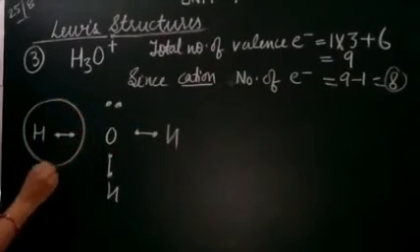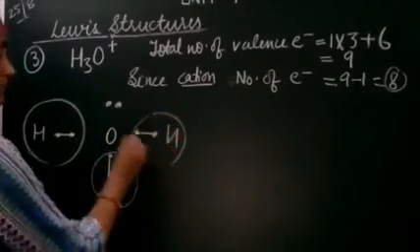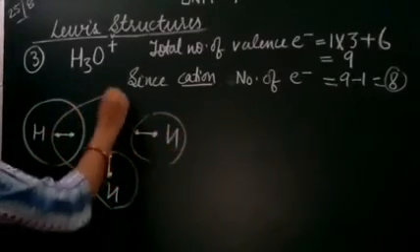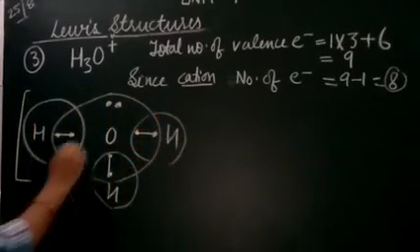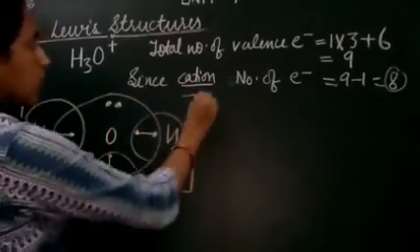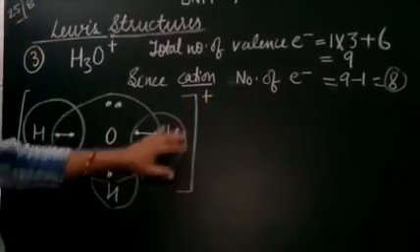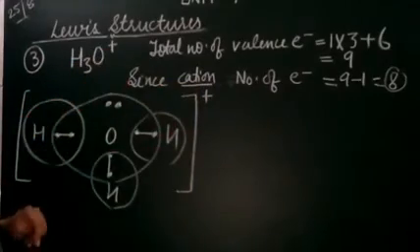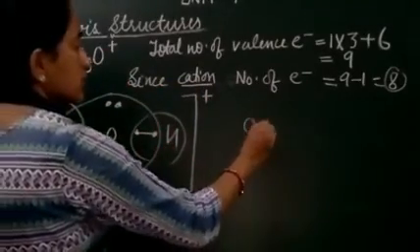So either you can show it in this way, showing the octet complete, and don't forget to enclose it within a square bracket, putting the unit charge which is there on the molecule. Now you can represent this molecule in this way also. This is oxygen.